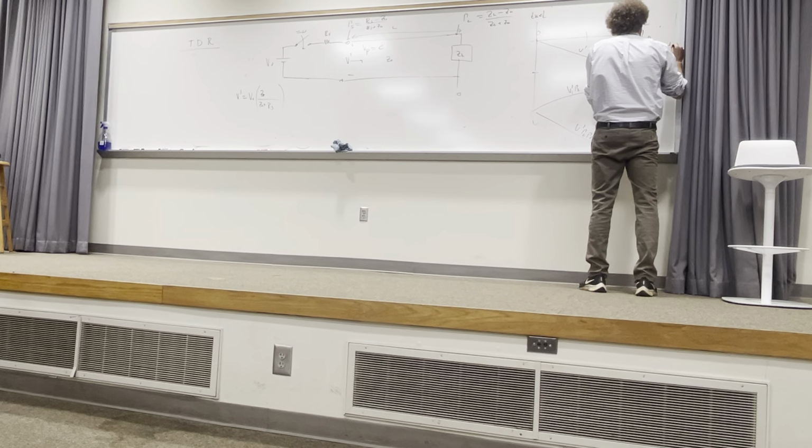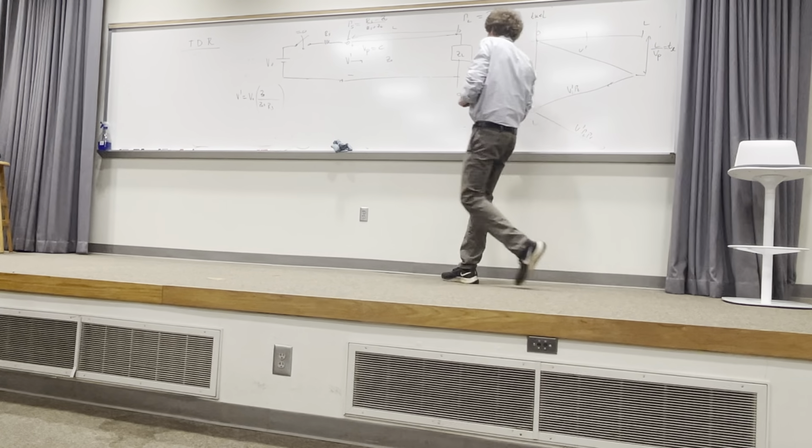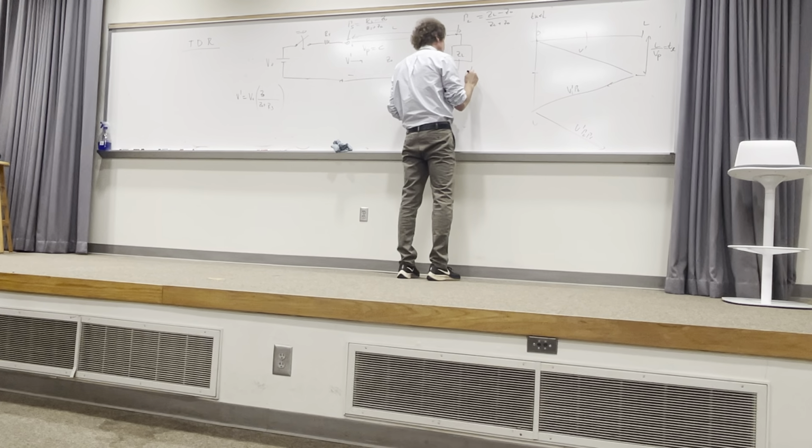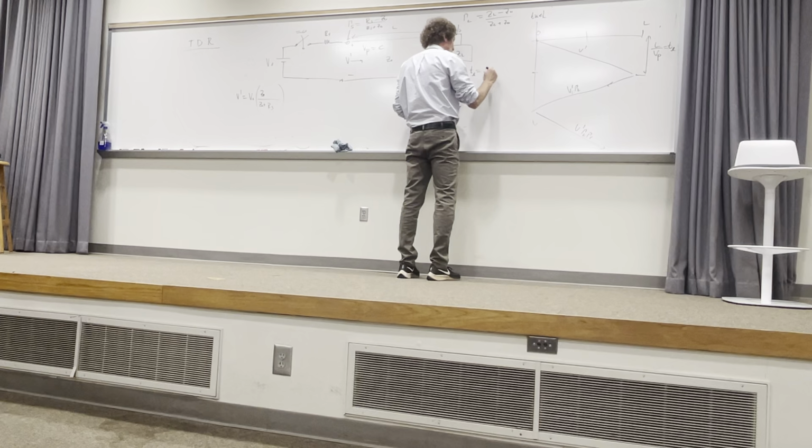They call that T line. Time it takes to go down the line would be the length of the line divided by the velocity on the line, V phase. And that should make sense to you, right?